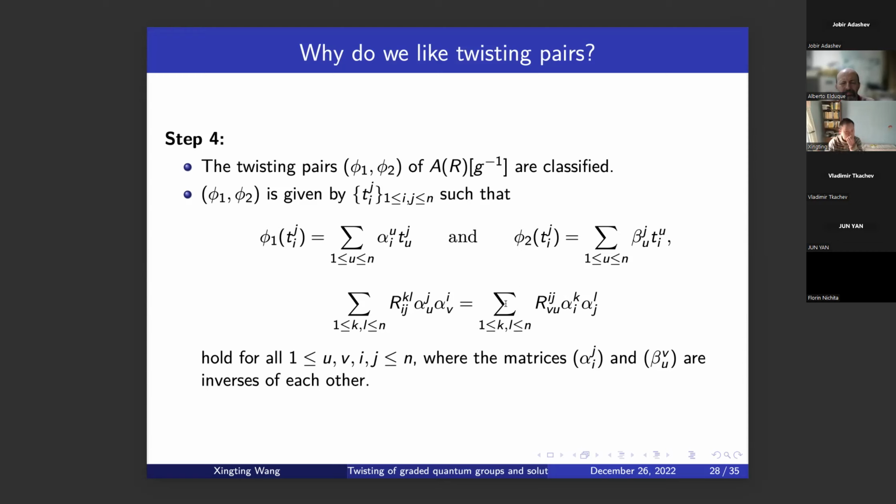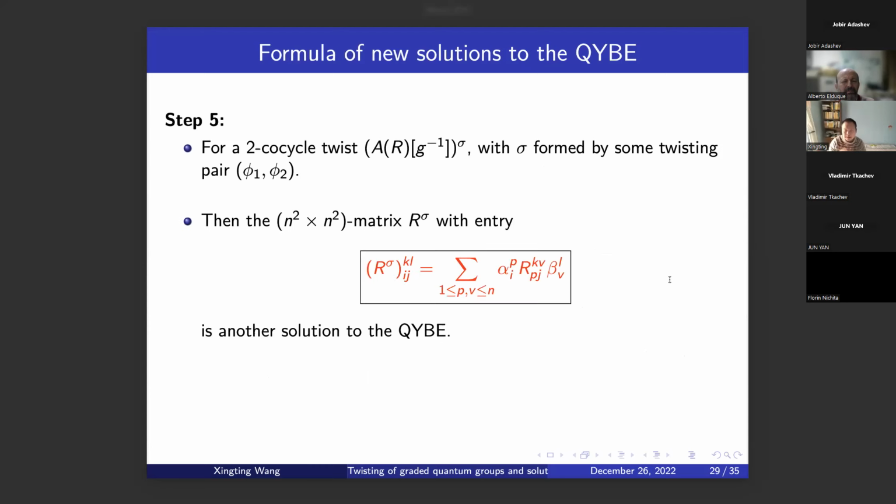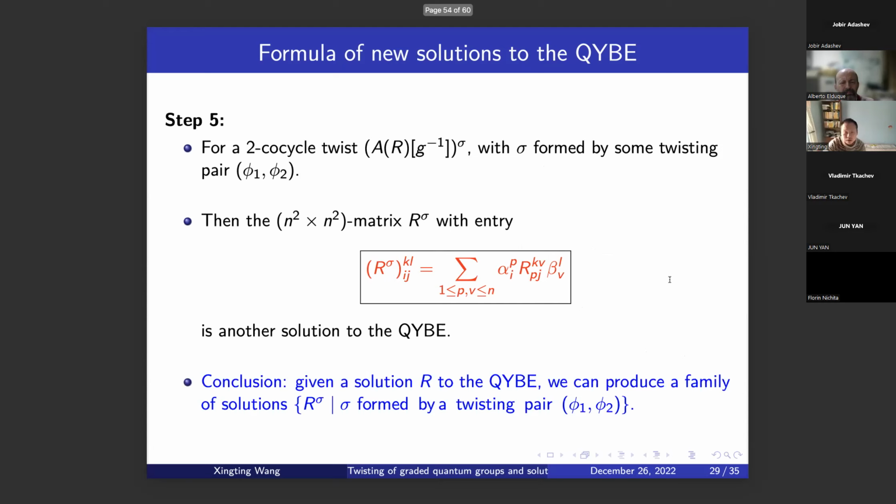You can use computers, or by hand sometimes, to compute all the possible matrices there. And by combining the general formula we got, you get new solutions in terms of the twisting pair. So this is one strategy we can use, by applying twisting pairs.